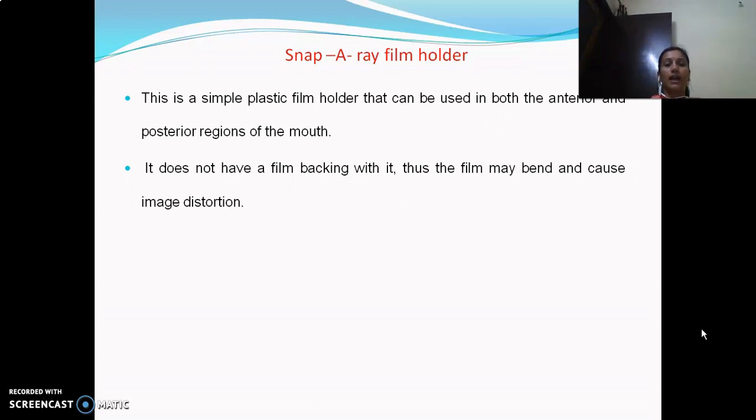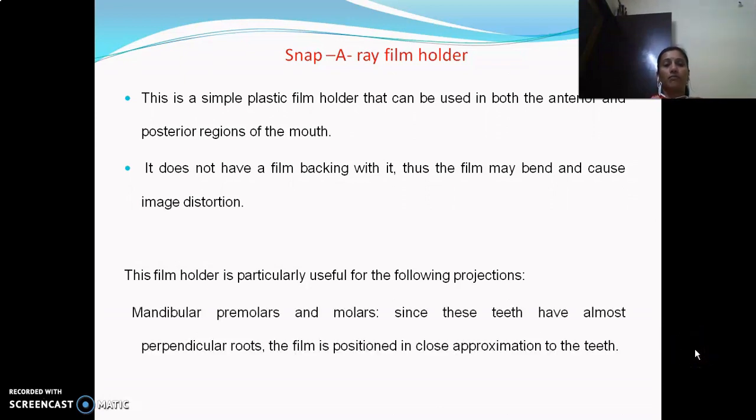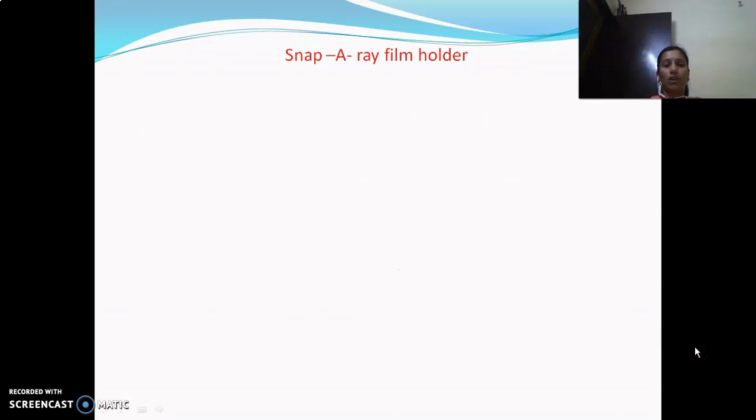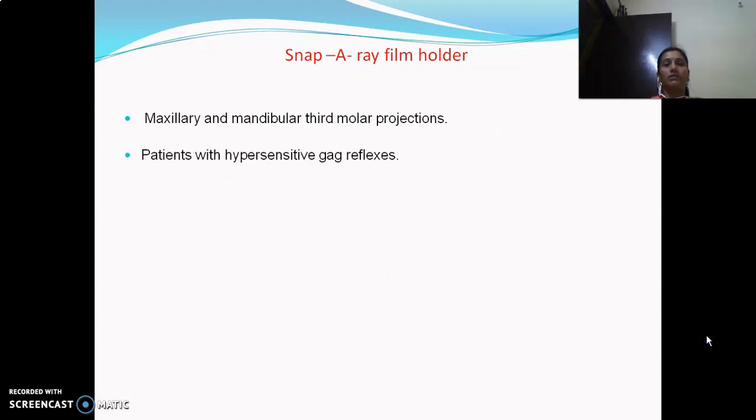It does not have a film backing, so the film may bend and cause image distortion. This film holder is particularly used in mandibular premolar and molar projections and also in maxillary and mandibular third molar projections. It can also be used in patients with hypersensitive gag reflexes.